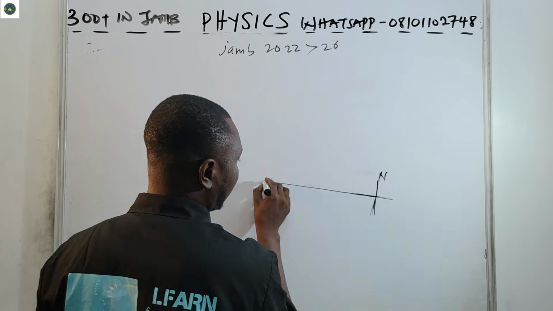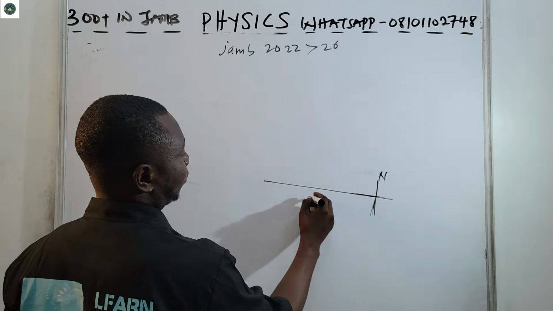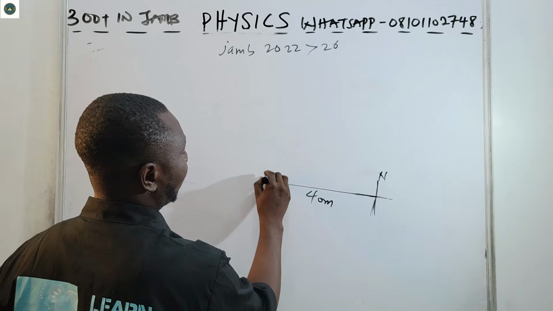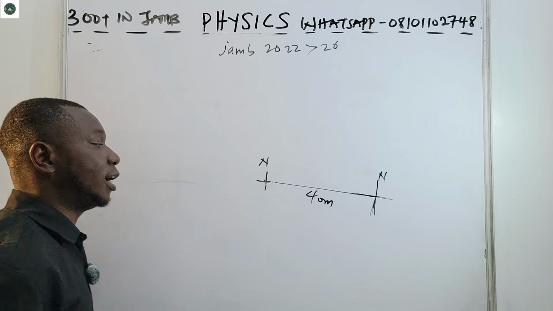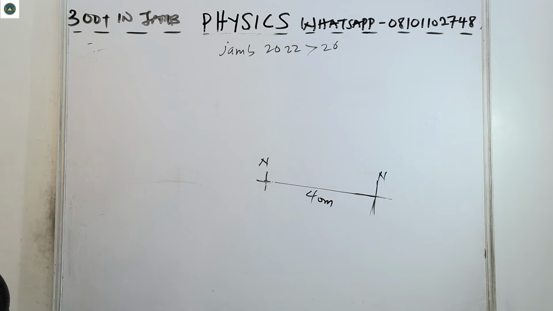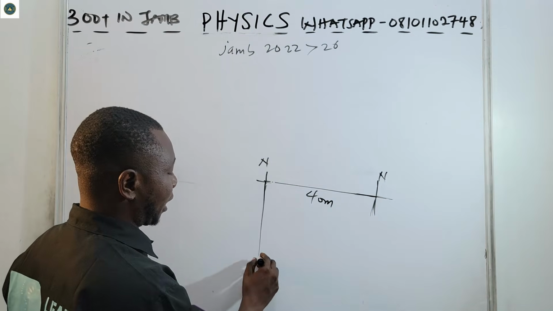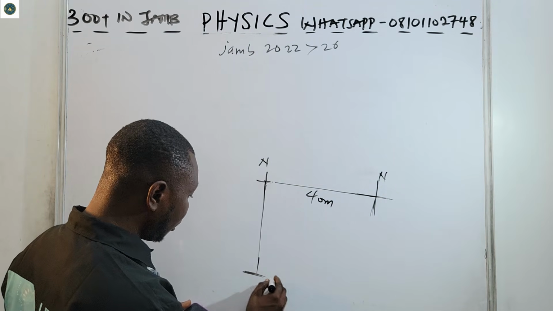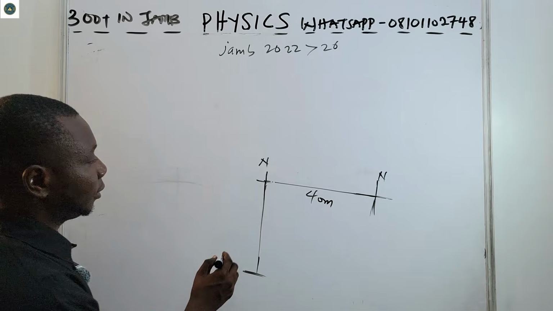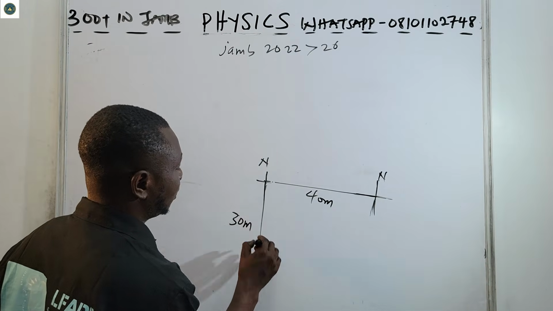He walks 40 meters due west. So this is 40 meters. So when he's here, he has a new reference point. And 30 meters due south. So from here, he walks 30 meters again. So this is 30 meters due south.